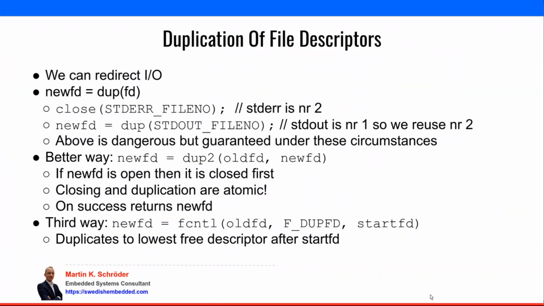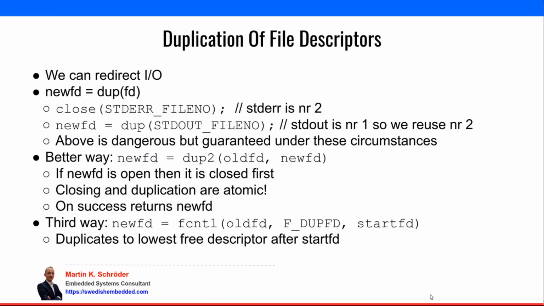What you need to do instead is use the atomic version of this function, which is also more flexible, where you can actually specify the new file descriptor. That's dup2. The old file descriptor is going to be copied to the descriptor with the number newfd, and if they are the same, it's going to return an error.